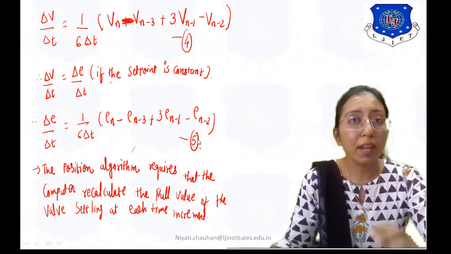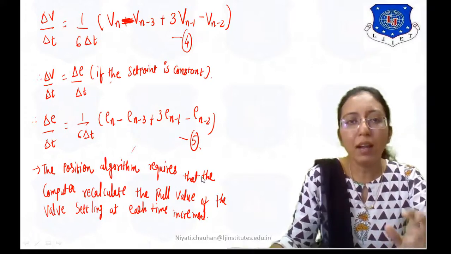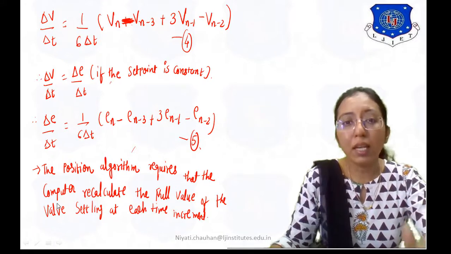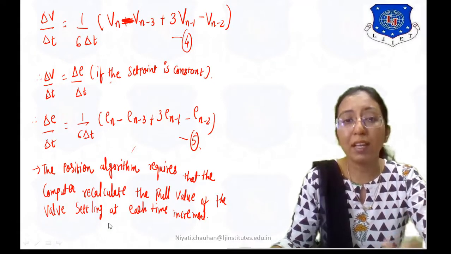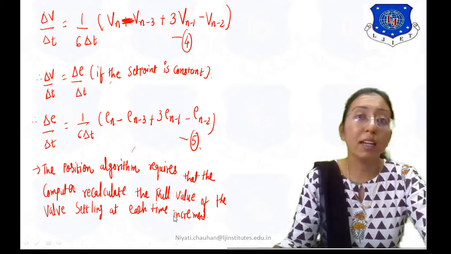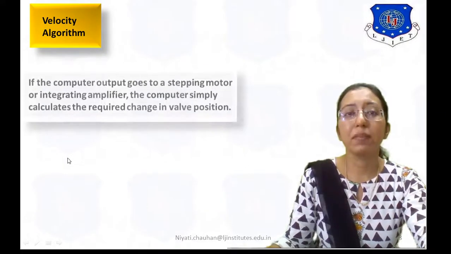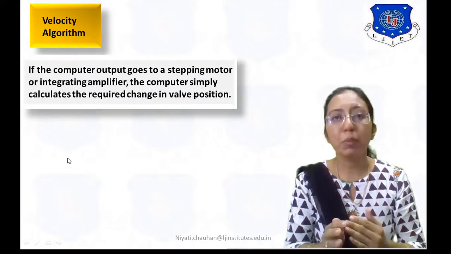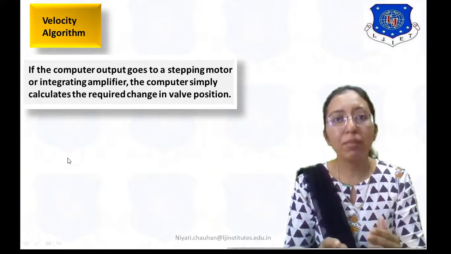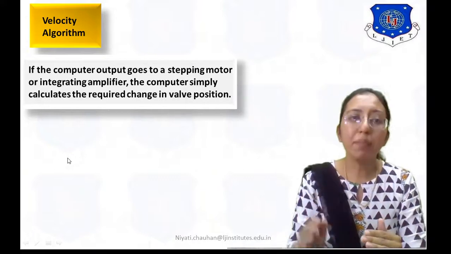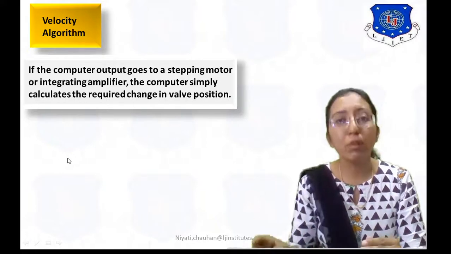Here we can say the position algorithm requires that the computer recalculate the full value of the valve setting at each time increment. Next is the velocity algorithm. If the computer output goes to a stepping motor or integrating amplifier, the computer simply calculates the required change in valve position.